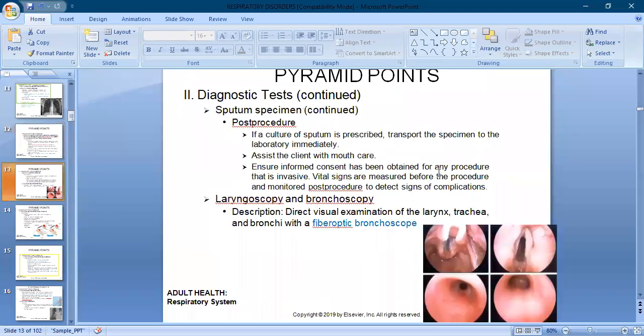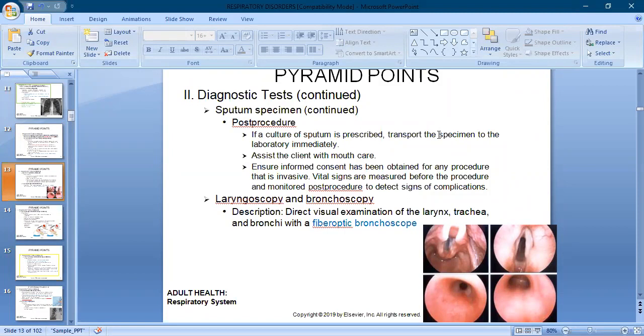Now go here, the bronchoscopy or laryngoscopy. Before going to bronchoscopy or laryngoscopy, what do we have to tell the patient after the procedure of sputum collection? If the culture of sputum is prescribed, transport the specimen to the laboratory as early as possible, immediately.